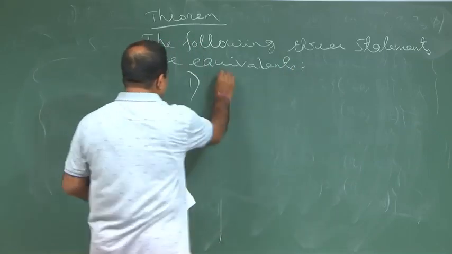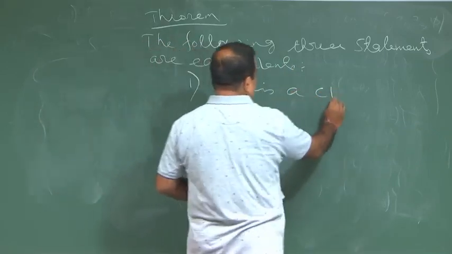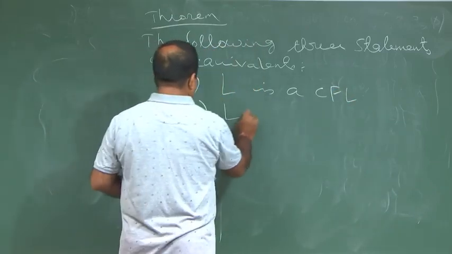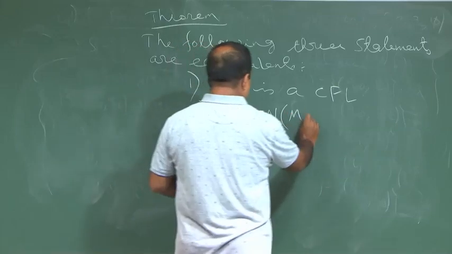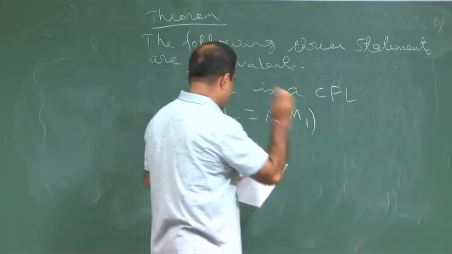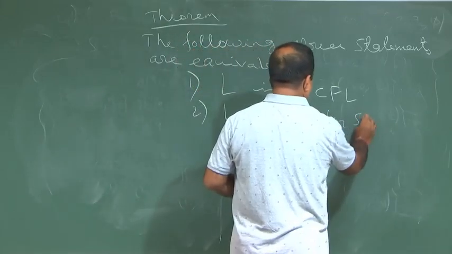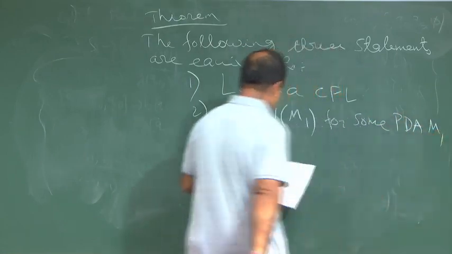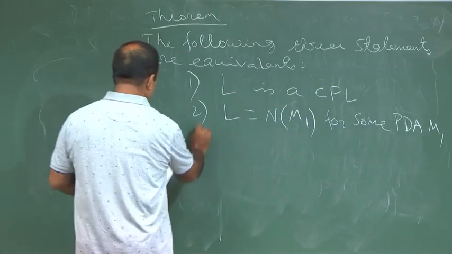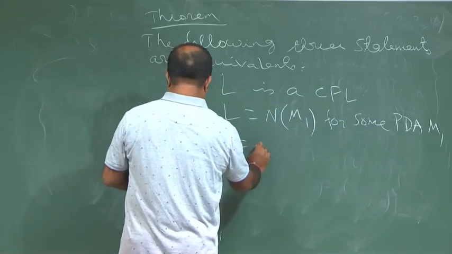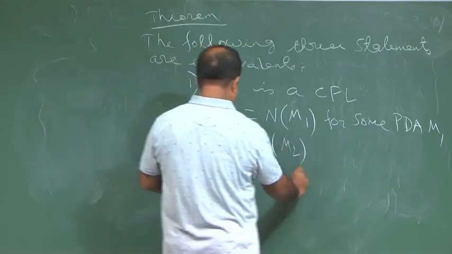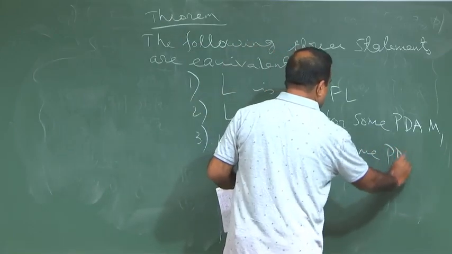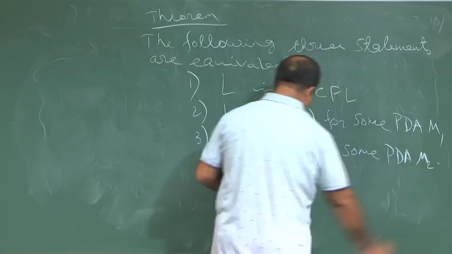First one: L is a CFL. Second: L is N of M1, where M1 is a PDA. Third: for some PDA M2, L is L of M2.